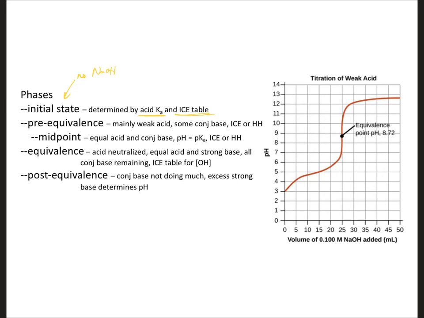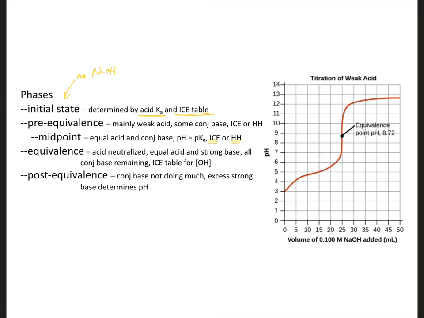That is a relationship that would allow us to use the Henderson-Hasselbalch equation instead of having to do an ice table. If you don't recognize it, we'll just solve it by an ice table. At the equivalence point, we have neutralized all of the acid with an equivalent amount of the base. So if you know that's the scenario you're at, it'll tell you something about how you have to go about calculating the pH.